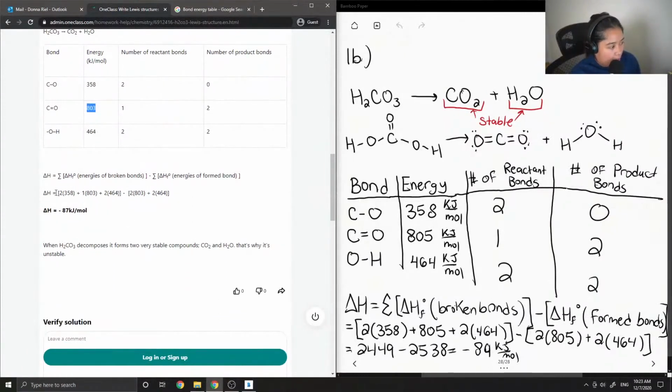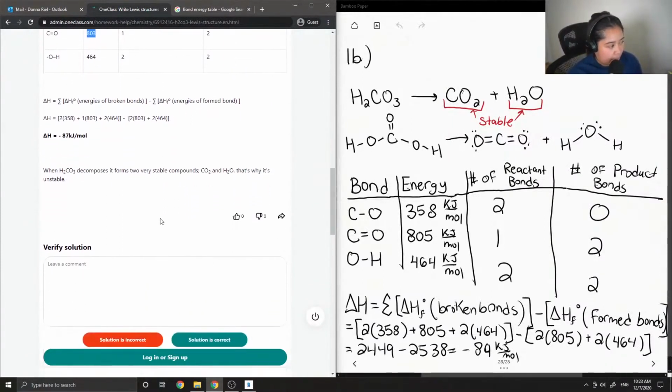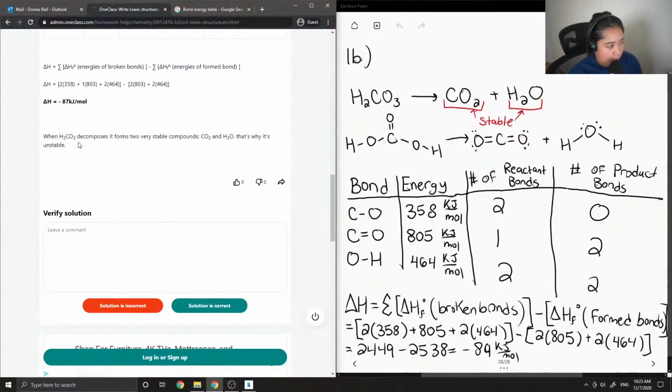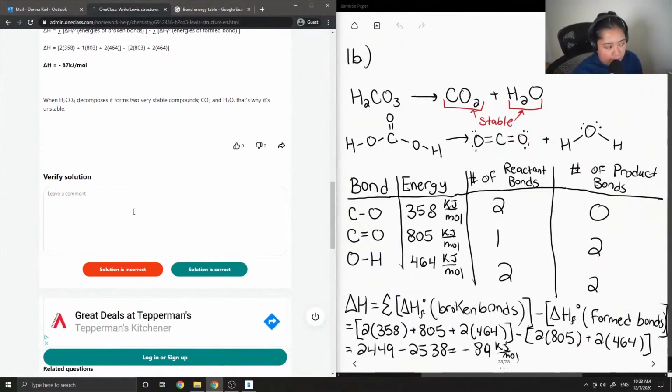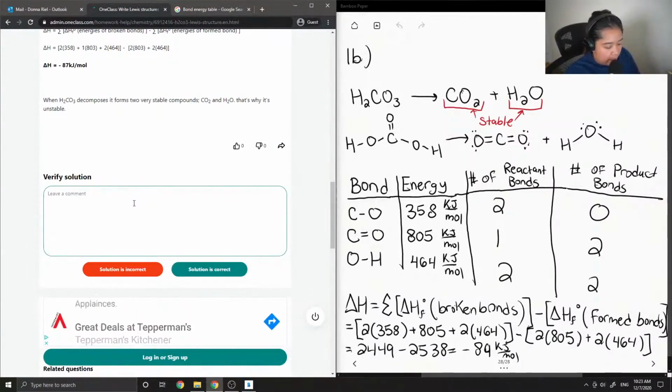And then they did the delta H, which is the sum of the delta H of formation of the energies of broken bonds, and then the sum of the delta H of formation of all the bonds formed. And they got negative 87 kilojoules per mole. So when H2CO3 decomposes, it forms two very stable compounds, carbon dioxide and water. That's why it's unstable. Yeah, so that's kind of what I said too. So this solution is correct.